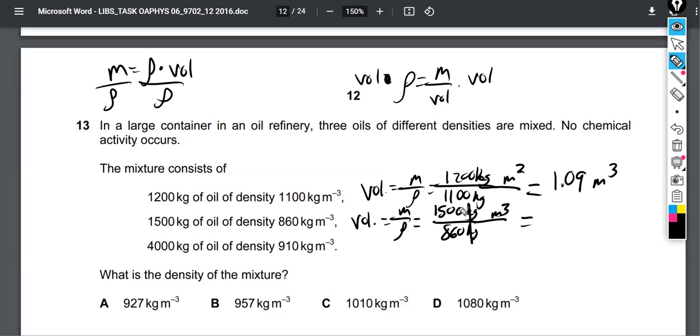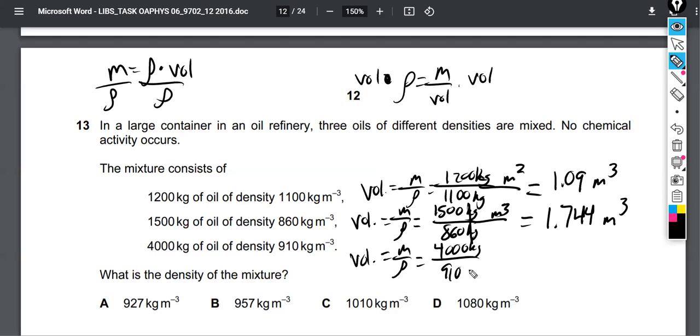1,500 divided by 860. Can anybody do that in their head like I can? 1.744186047, I think, if you do it mentally. We'll round it to the thousandth place. So we have that many cubic meters of that one. Another calculation: I've got 4,000 kilos of this oil.